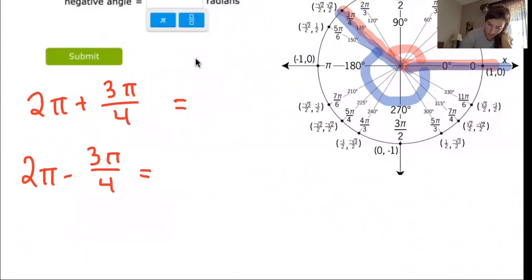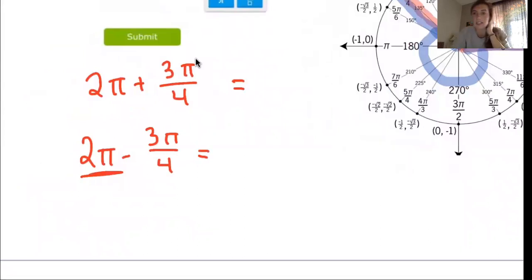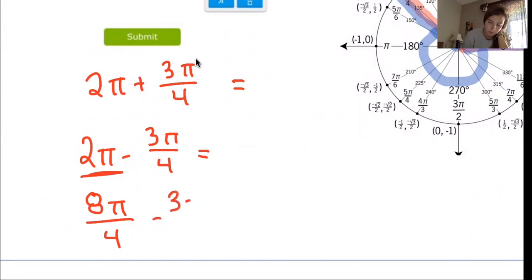How I would do this, 2 pi again, because that is one full rotation around the circle. But to be able to subtract this, I need to have common denominators, right? So 2 pi, I could also express that as 8 pi over 4, which is the same thing as 2 pi. I'm choosing 8 pi over 4 because I want the denominator to be 4. So 8 pi minus 3 pi equals 5 pi over 4.